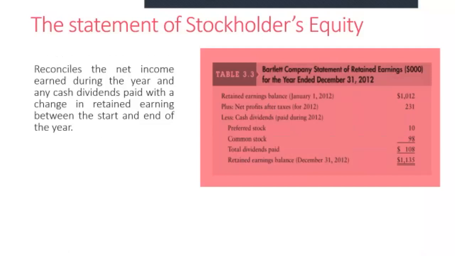We kept some. That will be retained earnings. When we look at adding the current net profit made and then subtracting whatever dividends were paid within that year, right? To give us our balance of retained earnings for the end of the period.